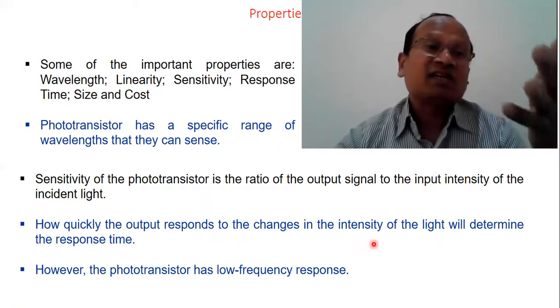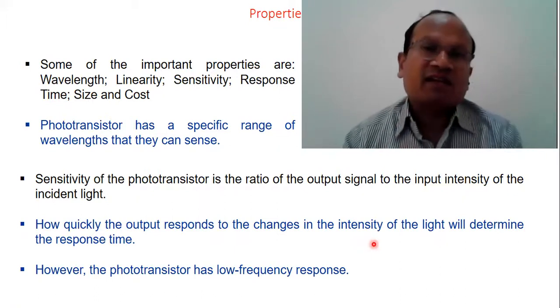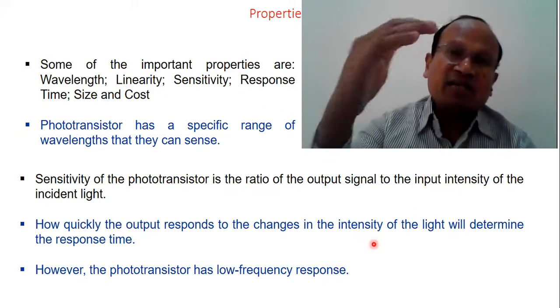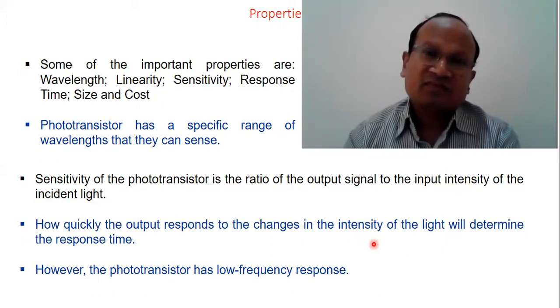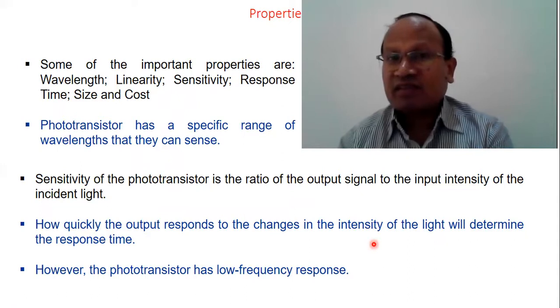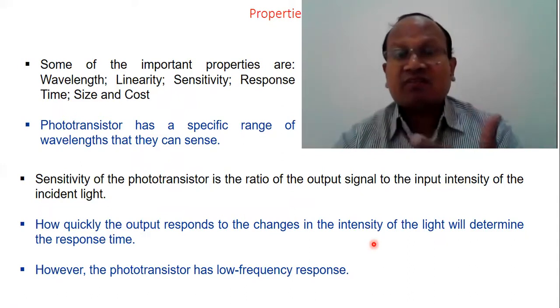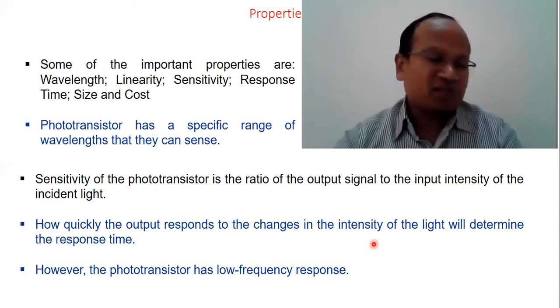Suppose there is a fixed value of light intensity and we are getting a certain value of collector current. Now suddenly there is a change, either an increase or decrease in the intensity of light. Is it being detected? The term that highlights how much time it takes to respond is called response time.